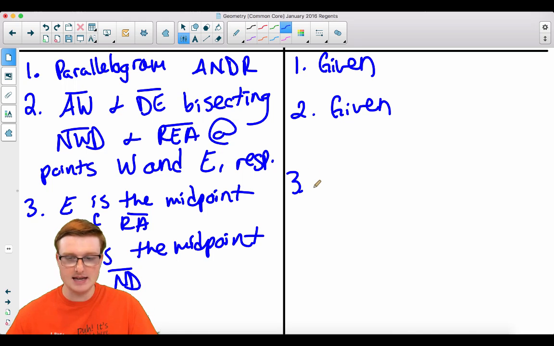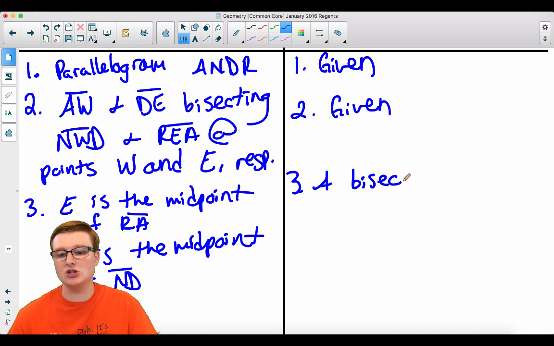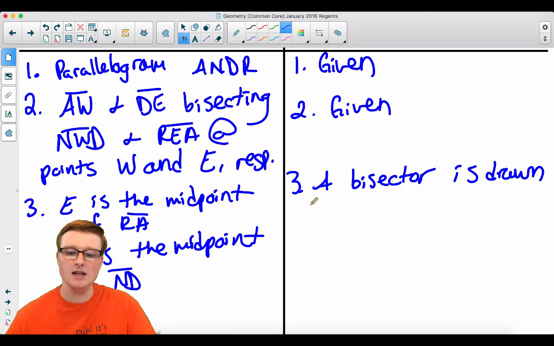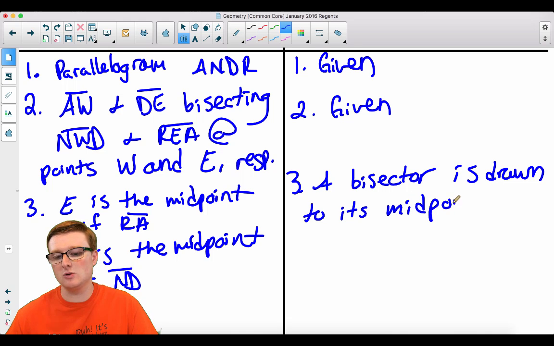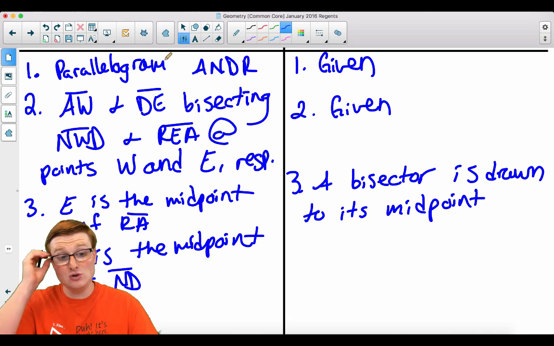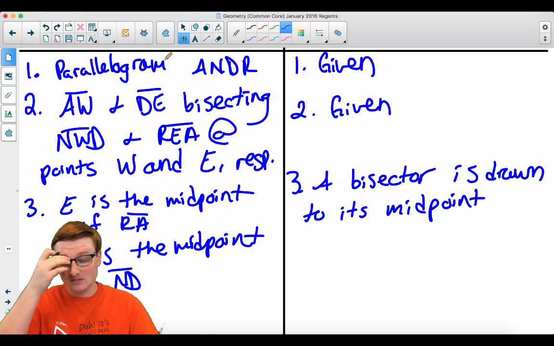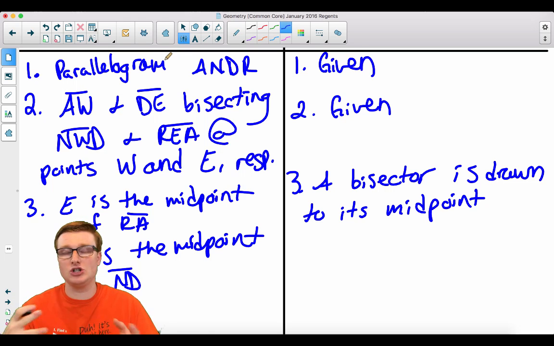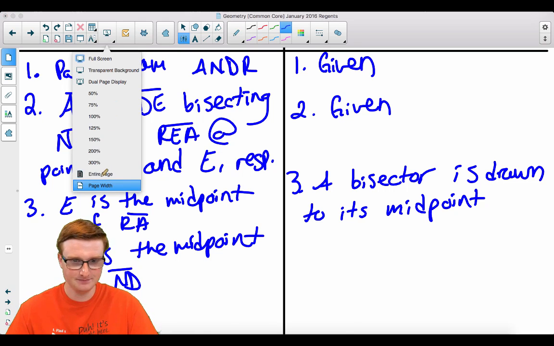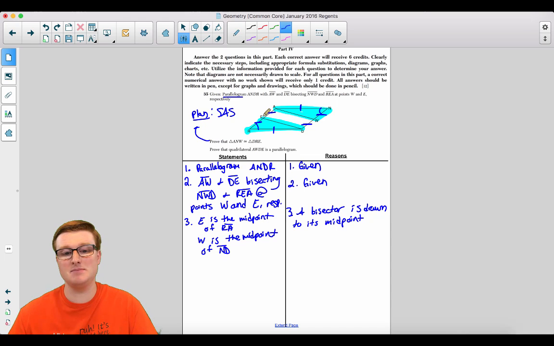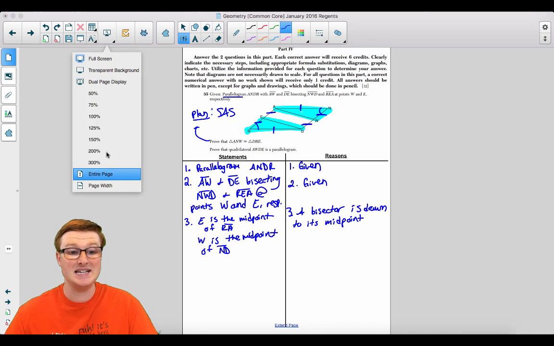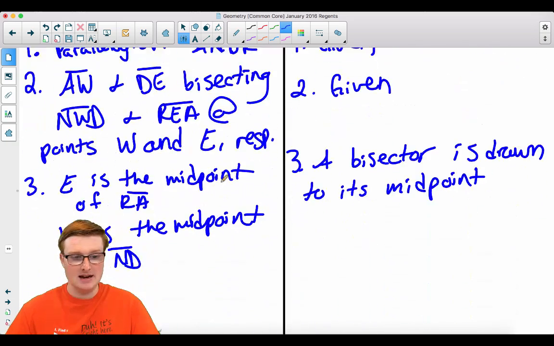And that reason is a bisector is drawn to its midpoint. Now, you don't have to state that E is a midpoint. I do. You could say that it is a bisector and just definition of bisector. So E is the midpoint of RA and W is the midpoint of DN. Okay? Now let's continue on.